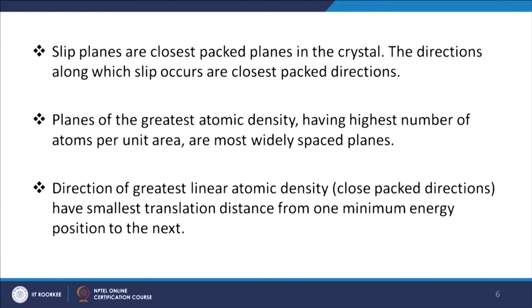The plane of greatest atomic density, having the highest number of atoms per unit area, is the most widely spaced plane, and the direction of greatest linear atomic density, the close packed direction, has the smallest translation distance from one minimum energy position to the next. So, these are basically the traits of the slip type of deformation which occurs in metals.